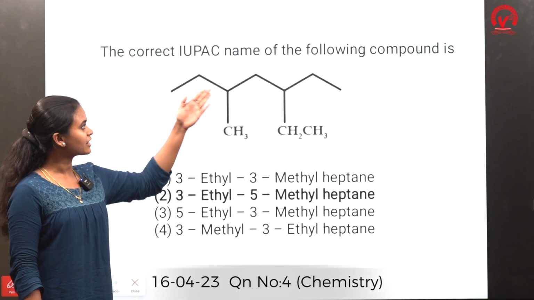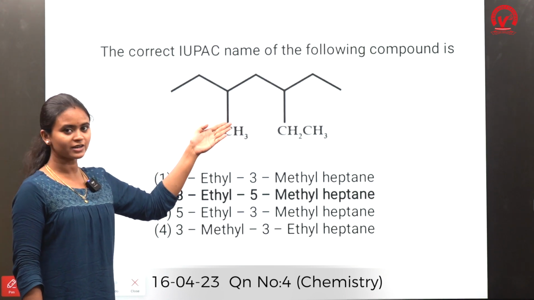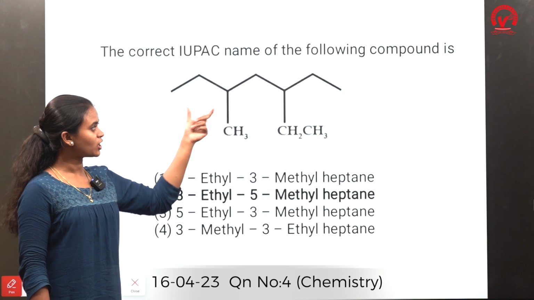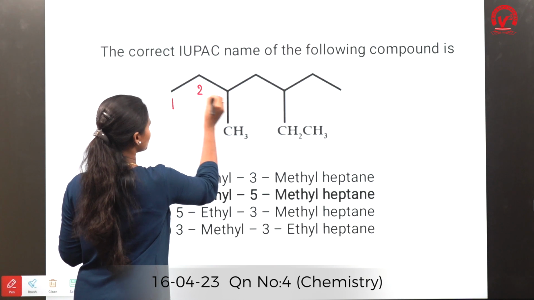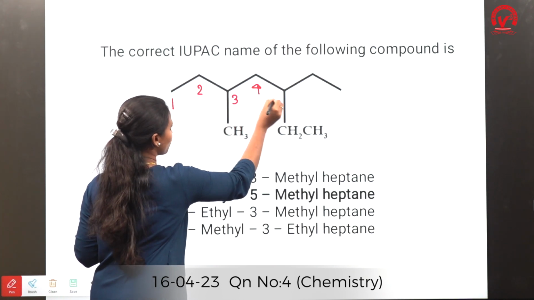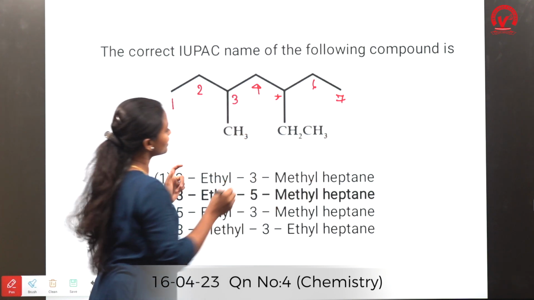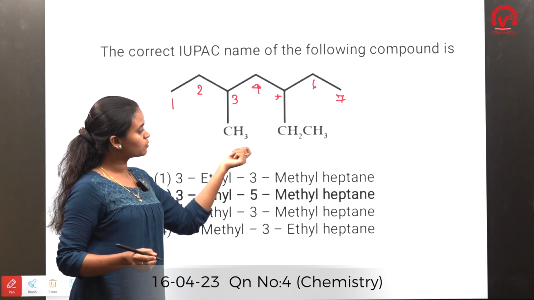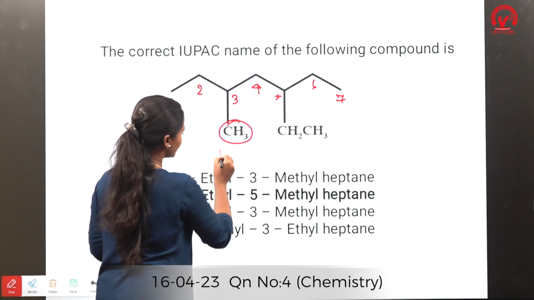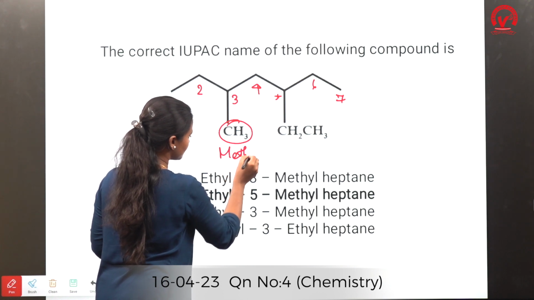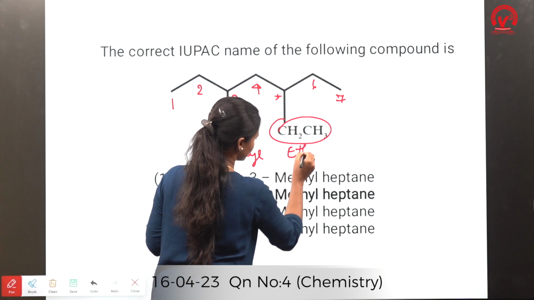The correct IUPAC name of the following compound is... Here we first number the carbon atoms present in the linear chain, that is 1, 2, 3, 4, 5, 6 and 7. Then we have to see the branching groups attached to the linear chain. Here methyl and ethyl groups are present.